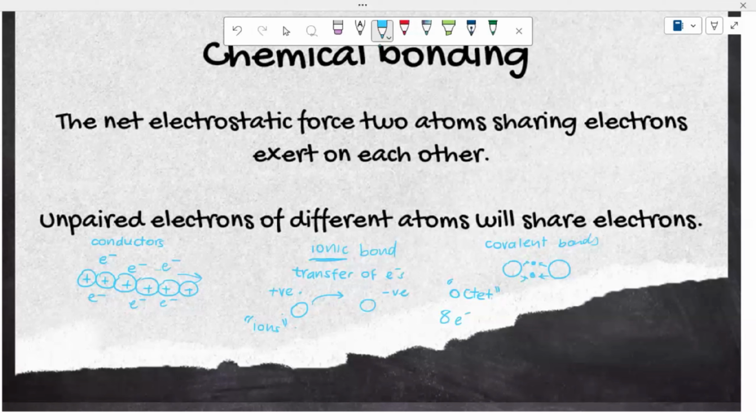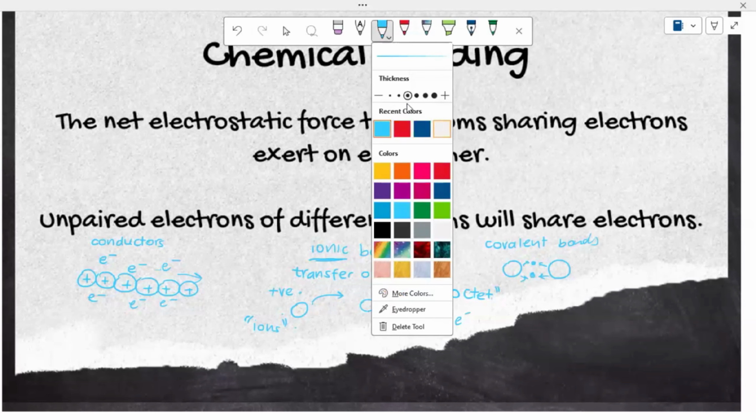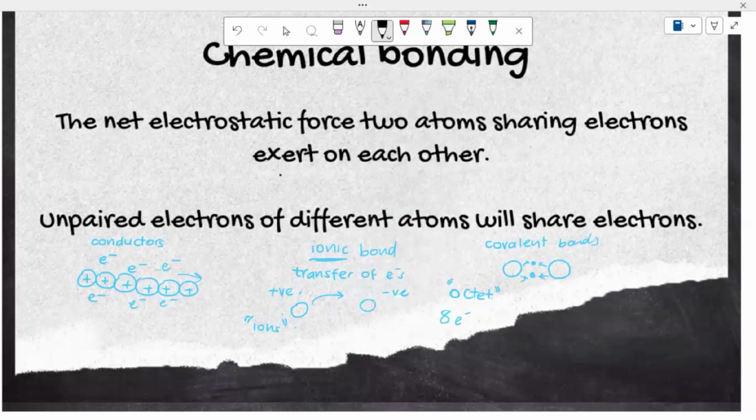And remember these bonds, let me change the color to black, sorry. So these 3 chemical bonds are referred to as our intramolecular bonds, right? Which you need to remember are different to your intermolecular bonds.